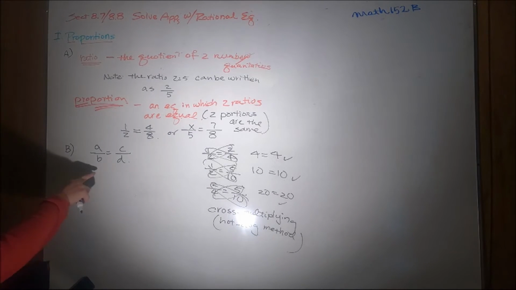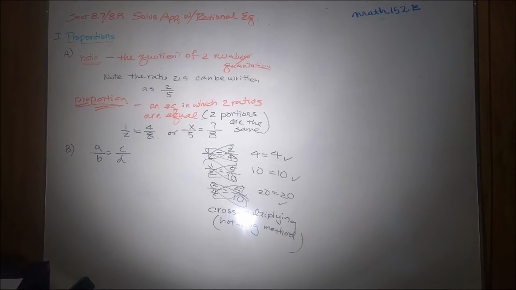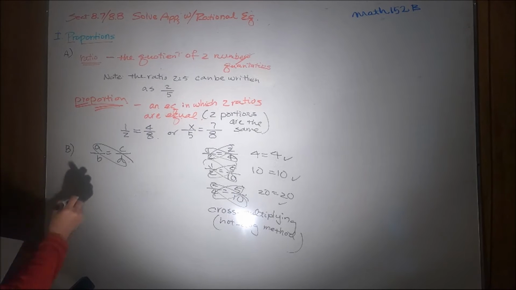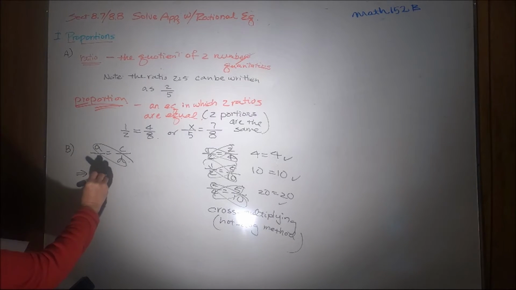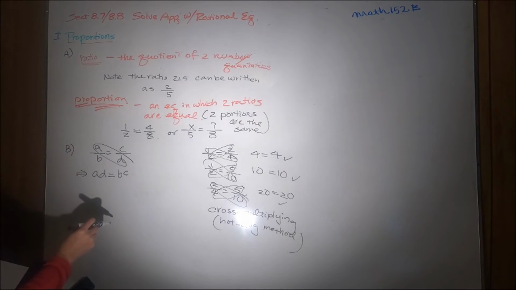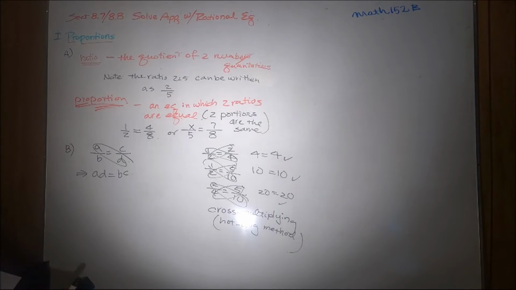So if I have a proportion, two portions are the same, then if I use cross multiplying, I must have AD equals BC, right? Then we can solve problems, because instead of fractions, I can just do cross multiplying.